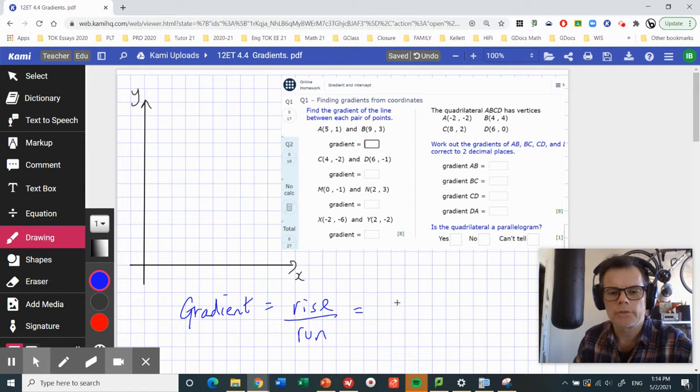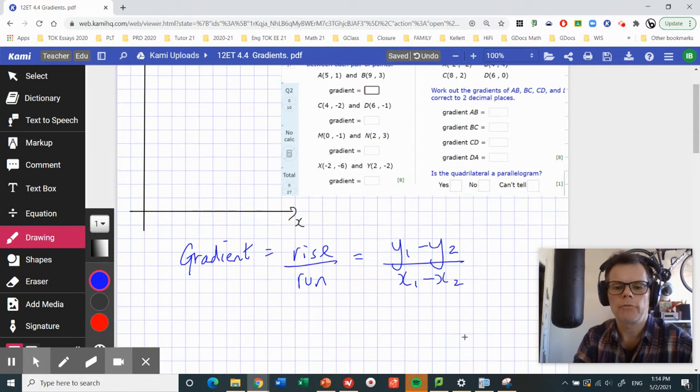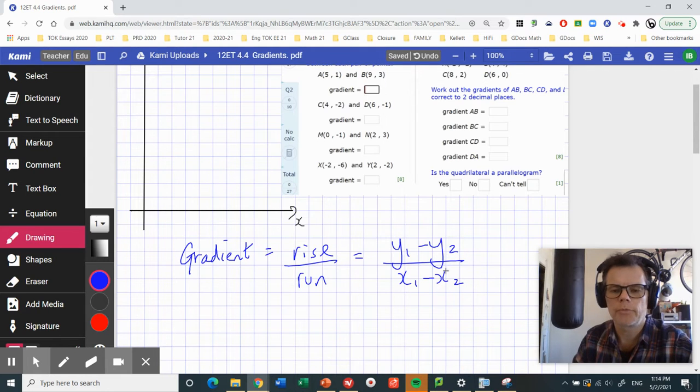This is also defined, if you've got two coordinates, as y1 minus y2 over x1 minus x2, where the first coordinate A would be considered as x1, y1, and B would be x2, y2.